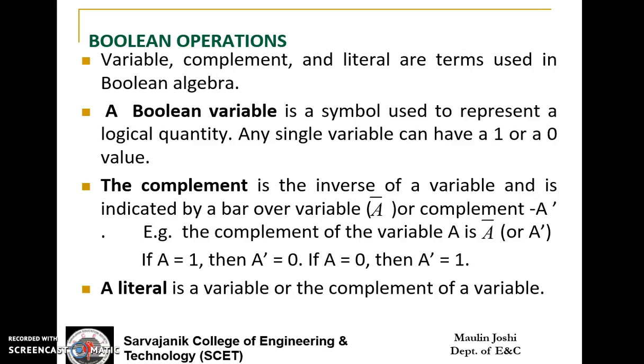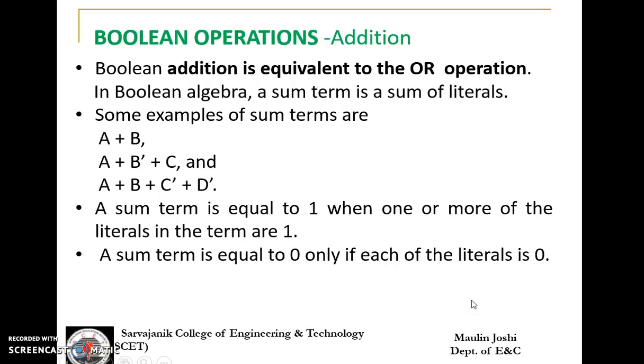Complement is the inverse of a variable and is indicated by a bar over the variable, A bar, or the other way, as complement A complement. If A is equal to 1, then A bar is equal to 0. If A is equal to 0, A bar is equal to 1. A literal is a variable or the complement of a variable.